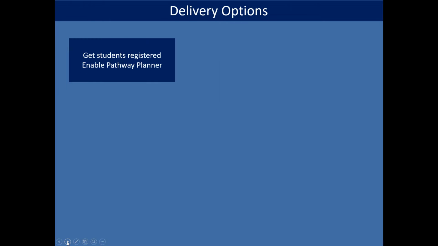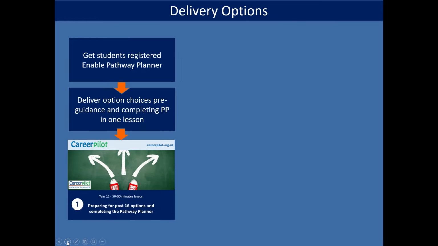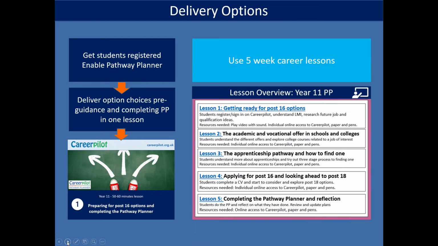So there's different ways you can deliver the pathway planner. Number 1, you have to get students registered before you can give them access to the pathway planner. But then you could just do one lesson where they do the option choices, they have some time to explore on Career Pilot, and then they do the pathway planner. But we also have 5 career lessons for every year group with all the materials there for you to use, delivered through a PowerPoint.